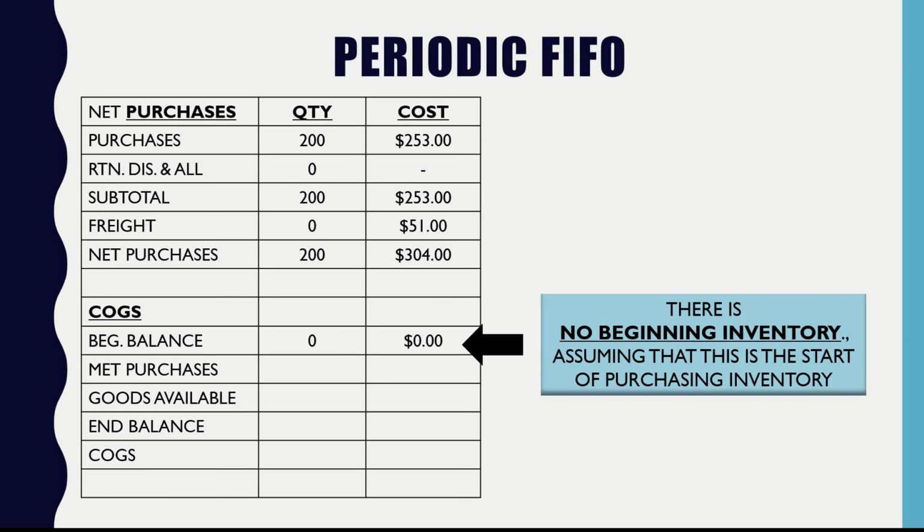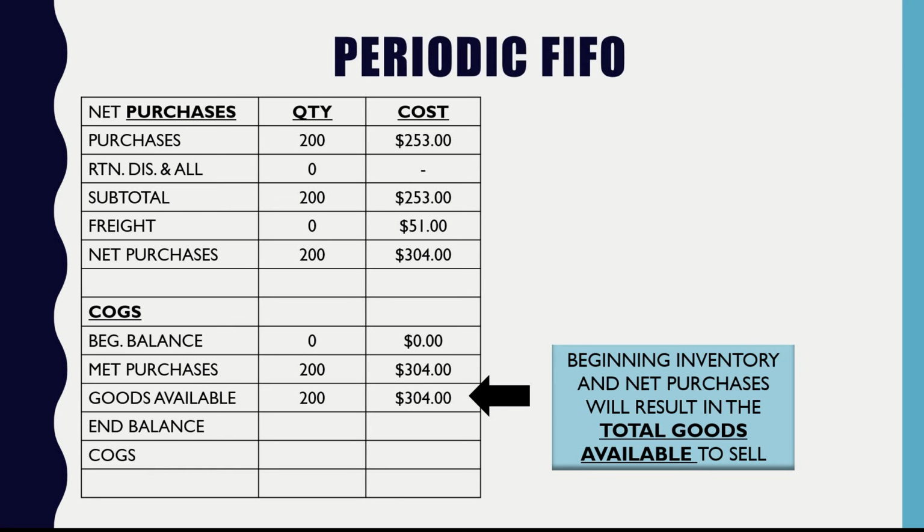And of course, when we plug this in, we don't have beginning inventory. We're assuming that we're starting from scratch, no purchases of inventory, or we don't have any beginning inventory. So when we plug in our numbers here, this is where our goods available formula comes into play. You're going to take your beginning inventory and add it to your net purchases to get your total goods available.